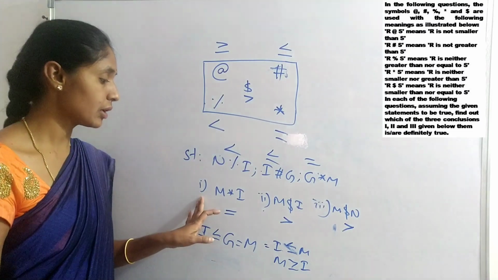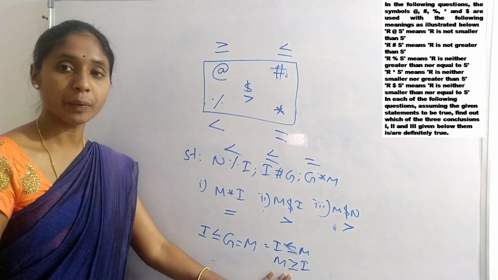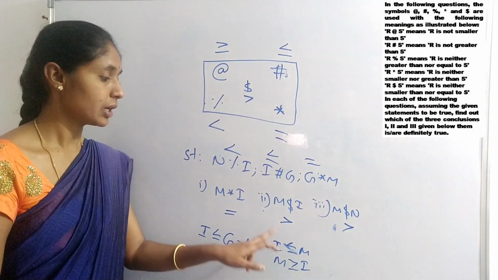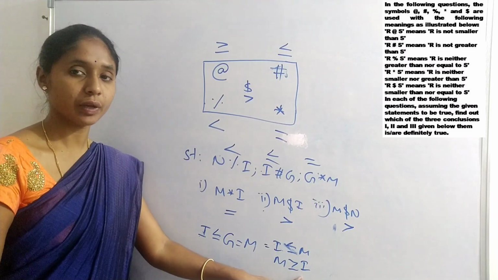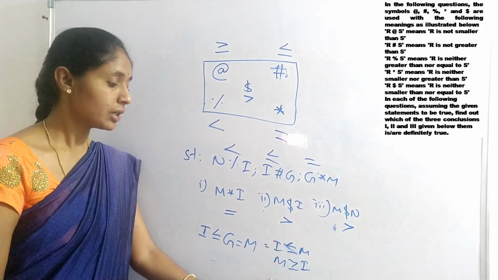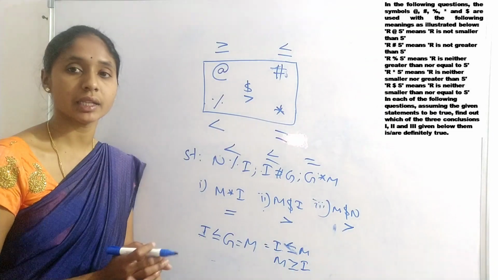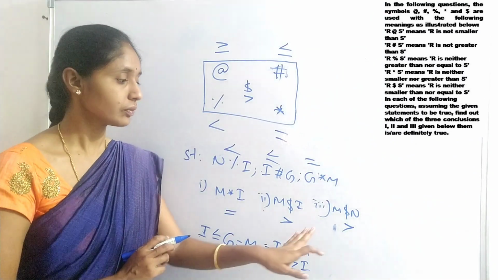So, from conclusion 1, M equals to I is true from this. And M greater than I, that is also true from this conclusion. If we mix up these two complementary pair, we can conclude M greater than or equals to I. That is either 1 or 2.